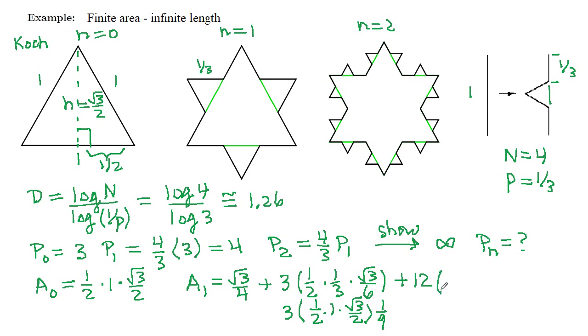So we're going to take that original area, that was A0 here, √3/4, and multiply it by 1/9 and then 1/9 again. So times 1/9 squared.